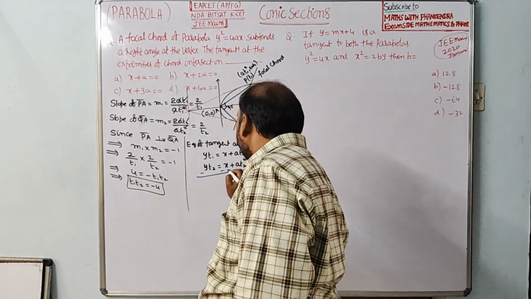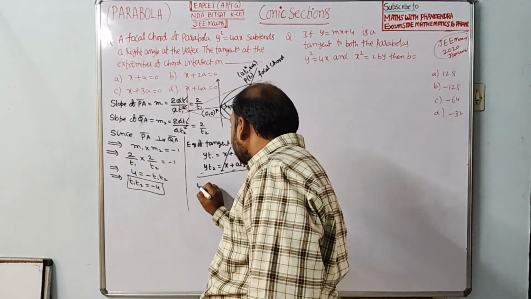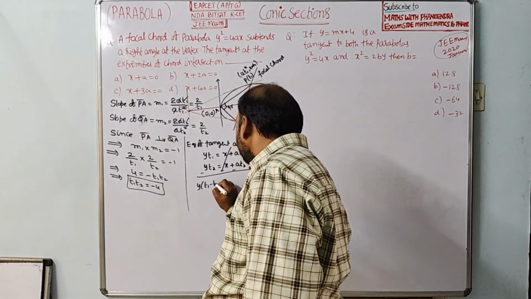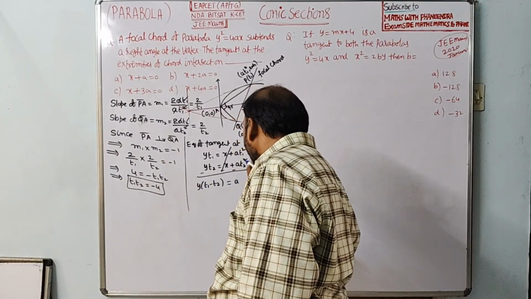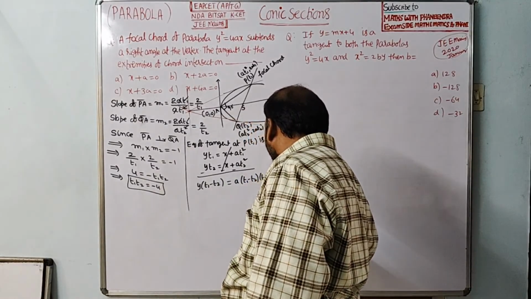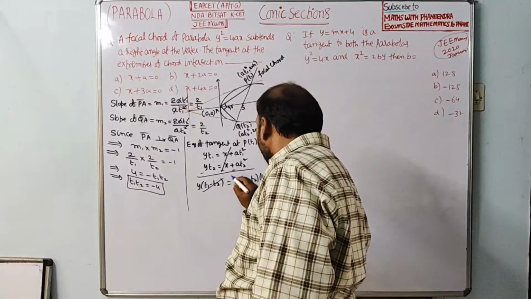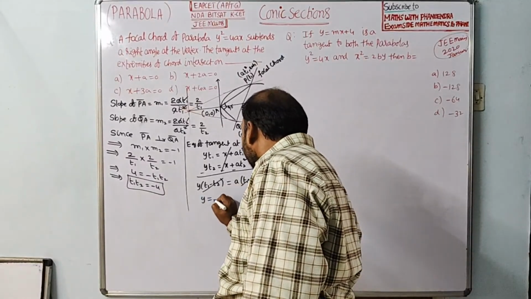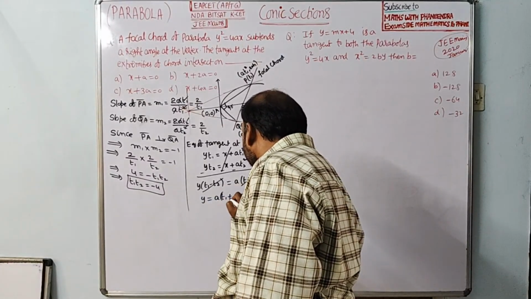So if you subtract, these two will be cancelled. Y take common, y into t1 minus t2 is equal to a into t1 square minus t2 square, that means t1 minus t2 into t1 plus t2. Am I right? So t1 minus t2 will cancel. Y is equal to a into t1 plus t2.